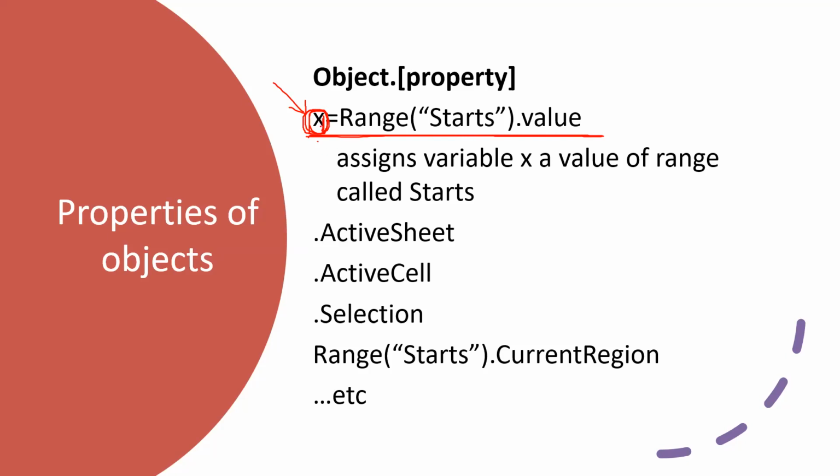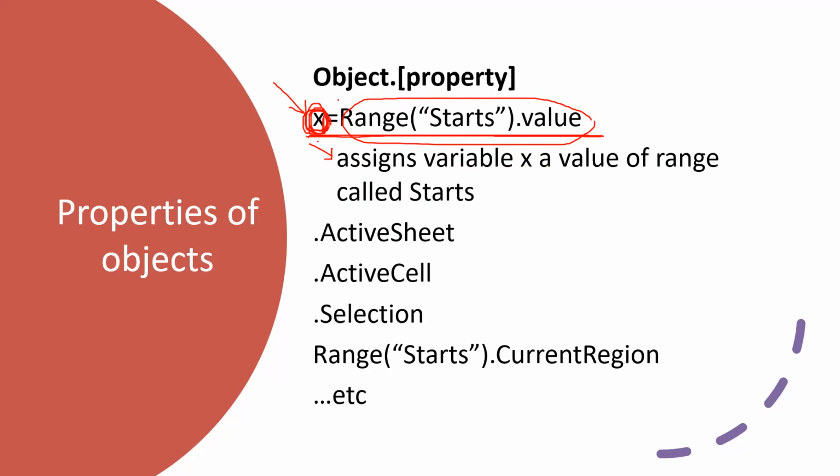In general, this is not visible. If this is a cell, it is visible, right? Then we can consider storing something in a cell or an invisible variable. We call x here a variable, right? Range start means the start range; we can get the first value of this range, right? And assign a variable x the value of the range called start, right?